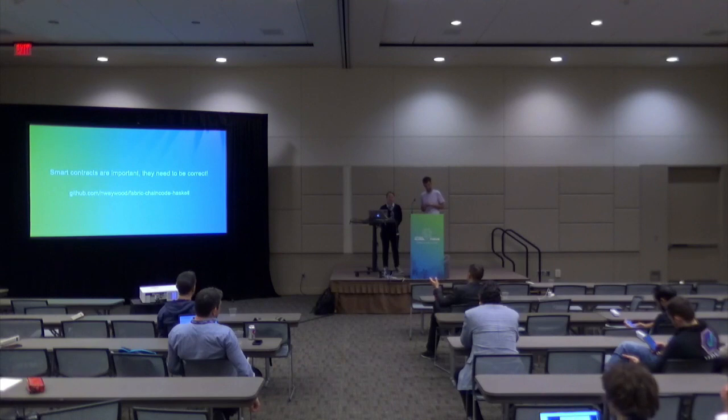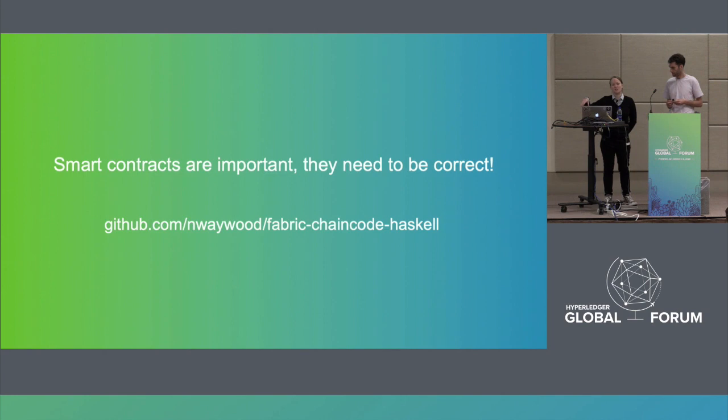Another short question. If the language is formally verifiable, and did I understand correctly that I cannot read or write state, then how do I do it through the chaincode? So the state is stored in the actual ledger. The chaincode itself is stateless, apart from the fact that it records whether it's ready to receive transactions.